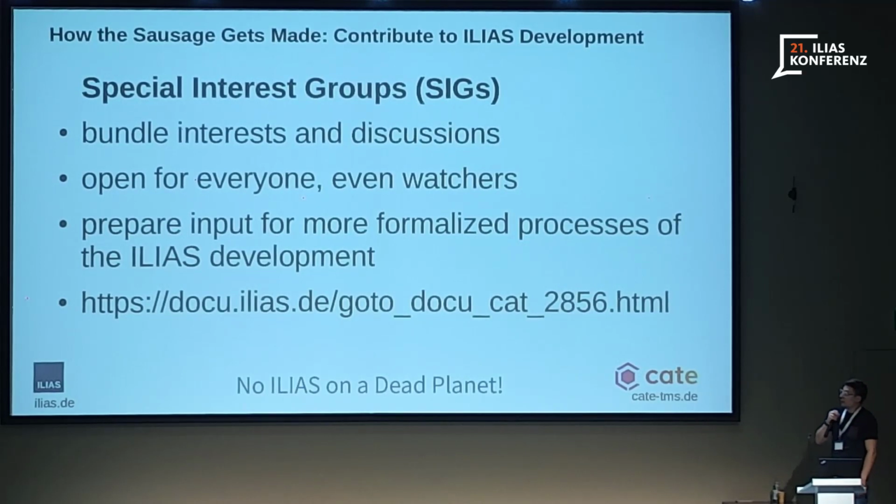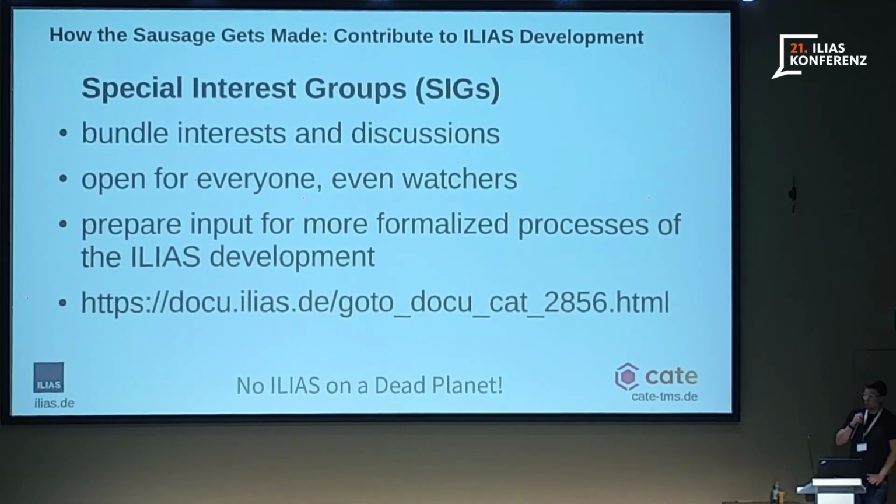It's very important to note that these special interest groups are really open for everyone. You don't have to be a member of the society, and you can just watch. You don't need to become active right away. You can just become a member in the ILIAS group representing the special interest group, look around, see what they've been up to, maybe look at previous results of the group.